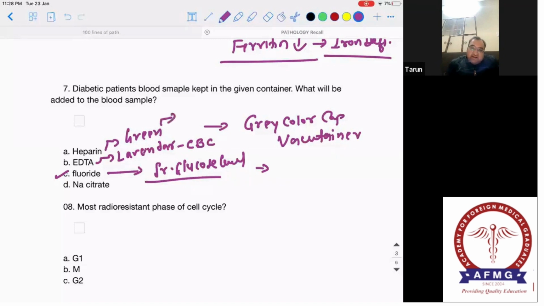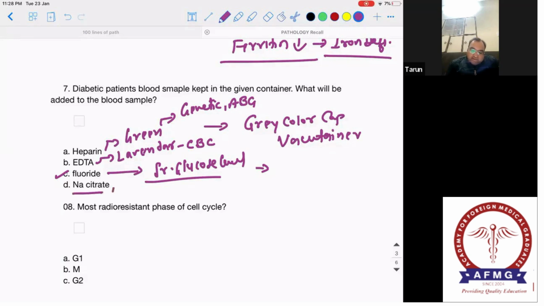Heparin is widely used for genetic testing. All the genetic testing we are doing using heparinized blood. Even for ABG, arterial blood gas analysis, we are using heparin containing blood.